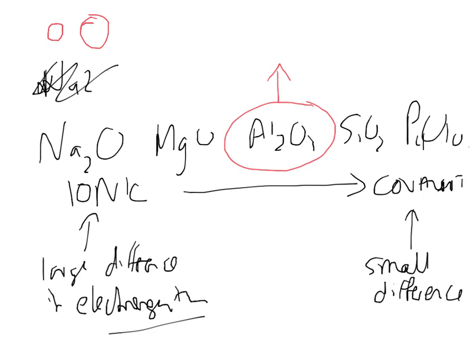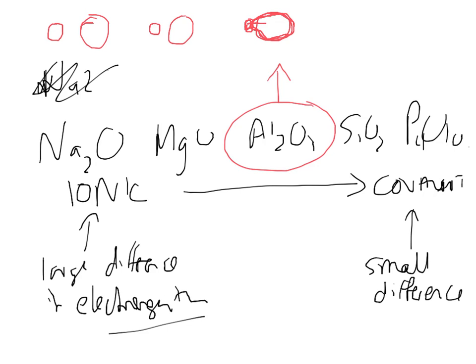Okay, here you've got magnesium and oxygen, it can get a little bit closer, but here you've got aluminium and oxygen, which can get really close, and that therefore polarizes this oxygen ion, which then forms some covalent character. So basically, the smaller the ion as you go across the period, the more polarizing it is because it can get closer to the negative ion. So that's why this aluminium oxide has some covalent character. And as you go across from sodium to magnesium to aluminium, more covalent character will be seen.